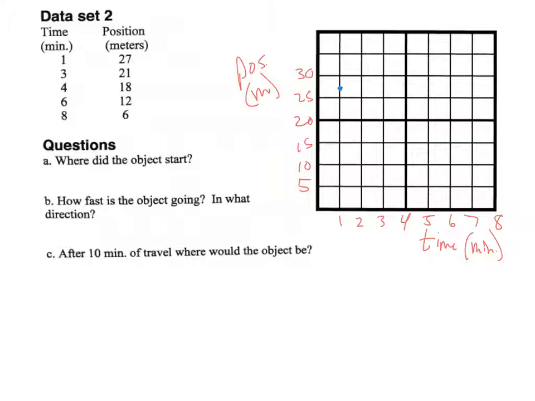And then (3, 21), which looks like it might be about like that. (4, 18), which could be about here maybe. (6, 12), maybe about in this range. And (8, 6), which would be maybe about there. So my points are plotted.